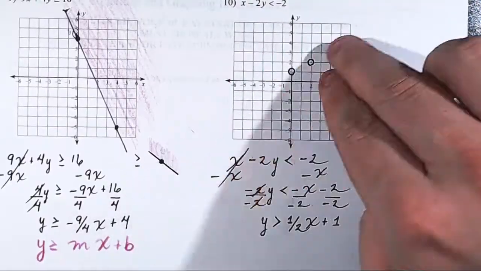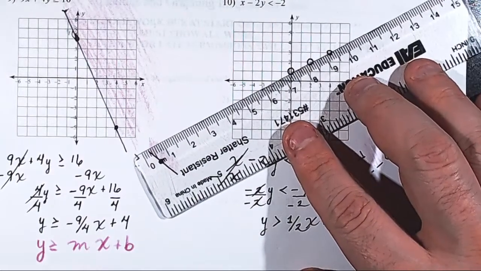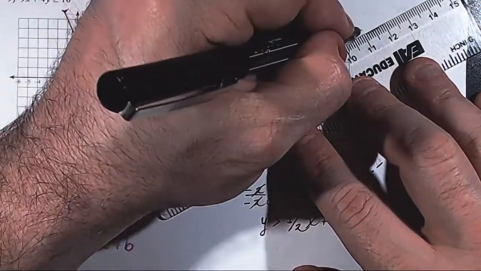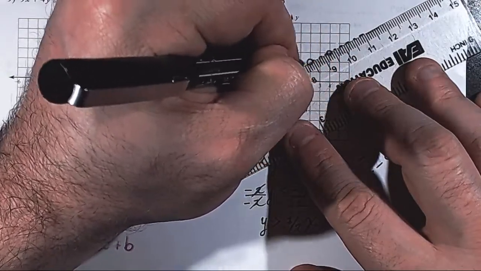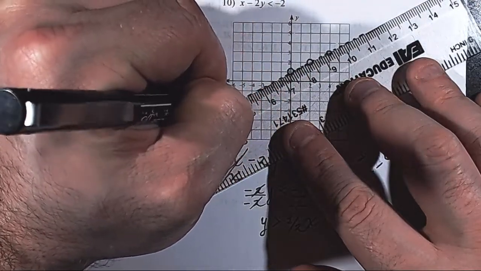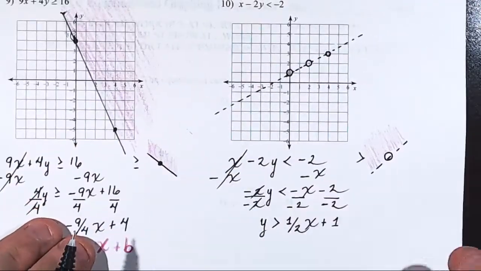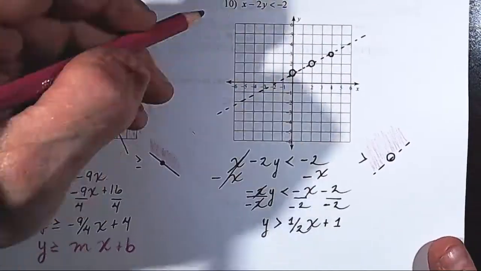You can see a straight line start to form. Connect all the dots with a dotted line. Just like that. Now shade above that line.